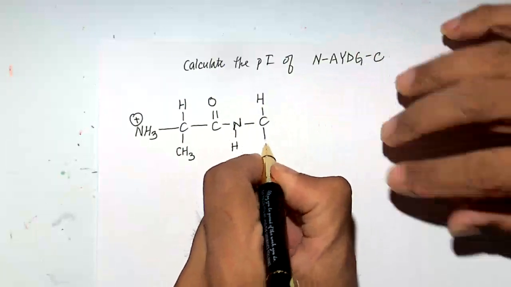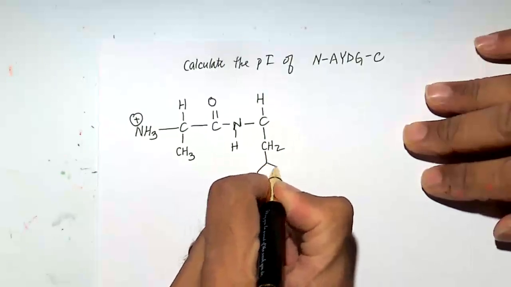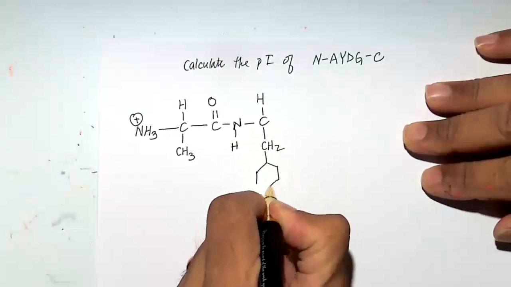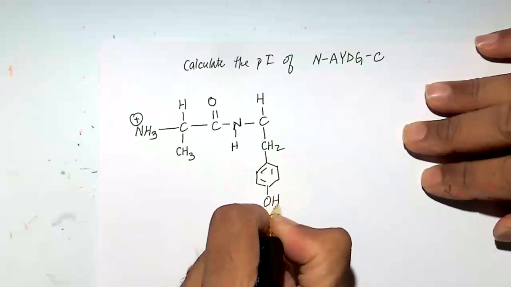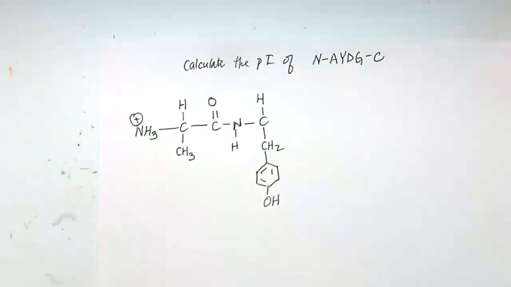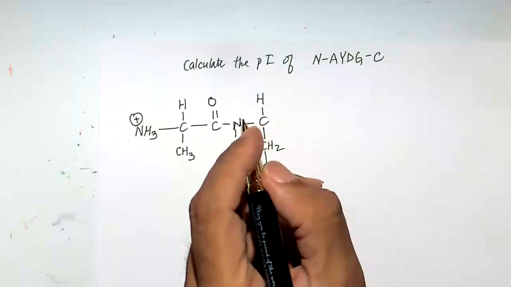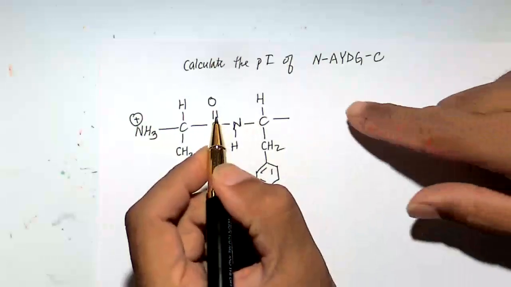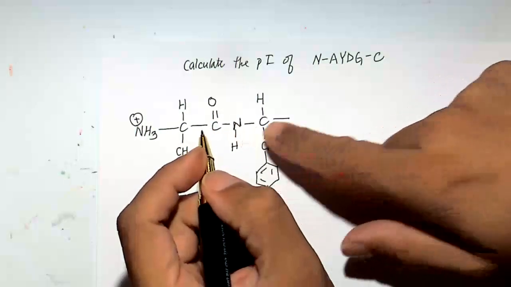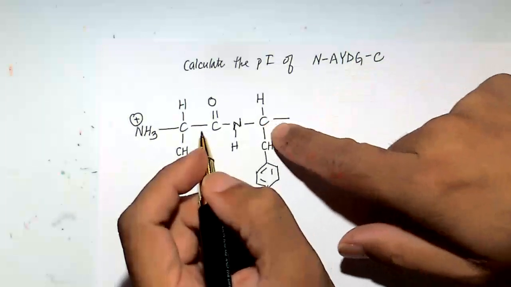Of tyrosine, alpha hydrogen. What's the side chain of tyrosine? Okay, use your flashcards. It's okay. What's next? So this was that former N alpha amino group of tyrosine.